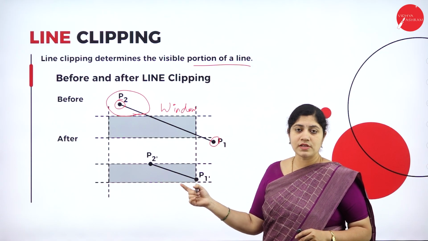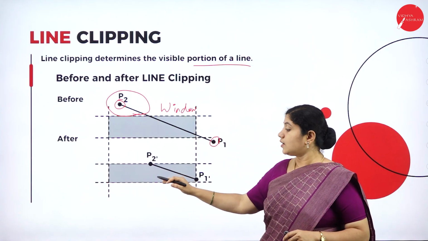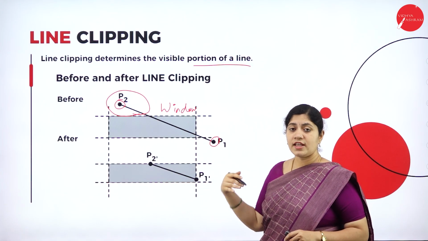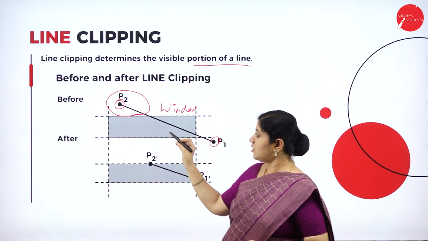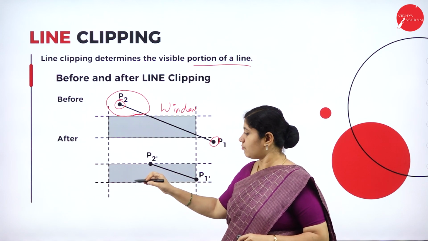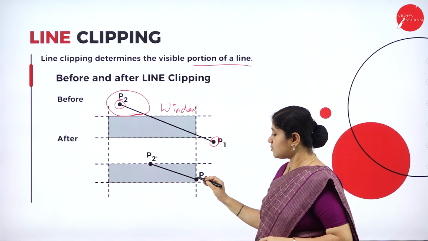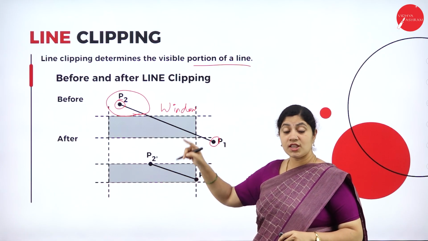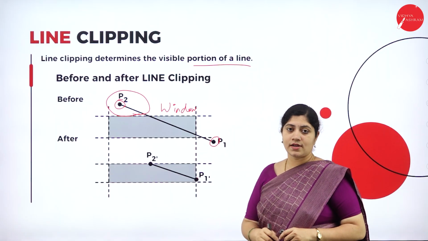It will not be visible, and we can't do any operation with it because it is not coming inside the viewport. That's why we can clip it off and retain only the portion that is visible. Thus, after line clipping, we can expect it to be in this form, that is P1 and P2 in the viewport. Alright, so this is line clipping.